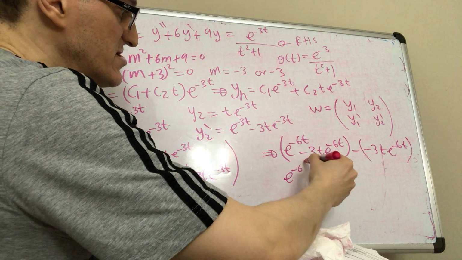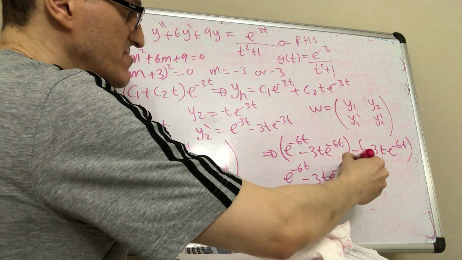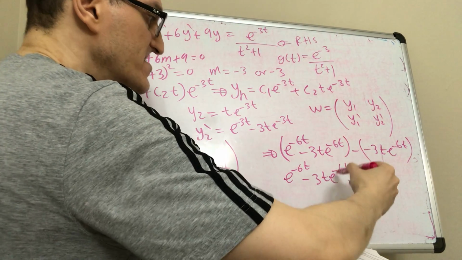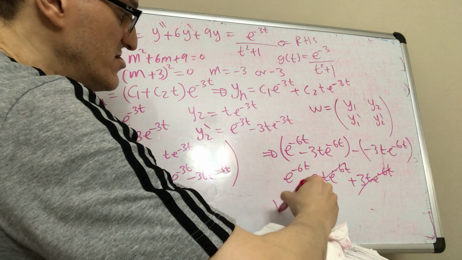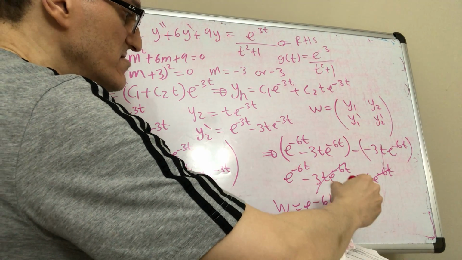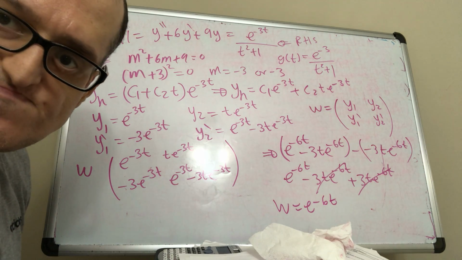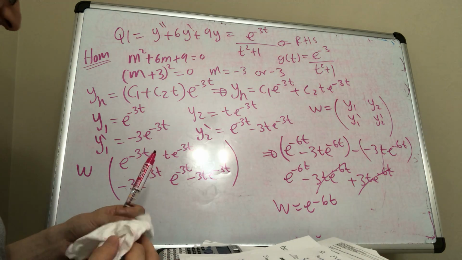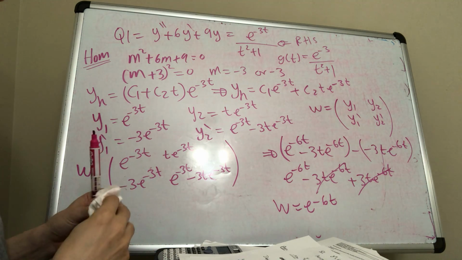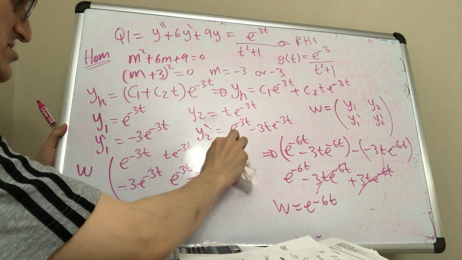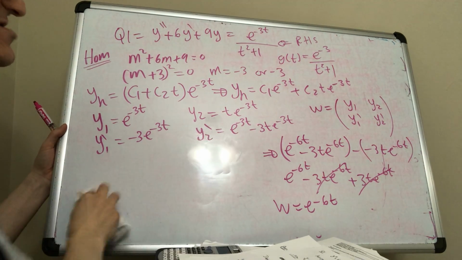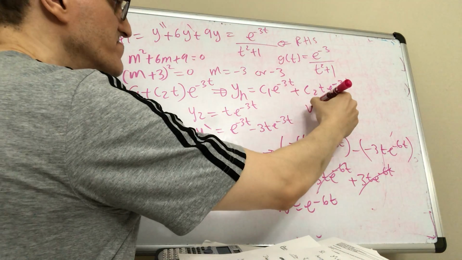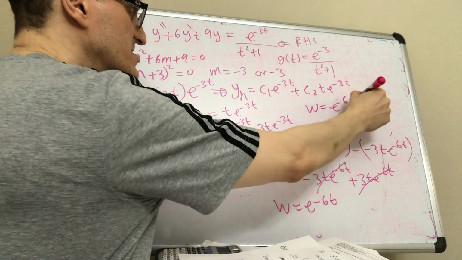So it's e to the minus 6t, 3t e to the minus 6t, plus 3t e to the negative 6t. These two cancel. Then your W is e to the minus 6t, basically. Okay, so we found W. I'm going to add it to the collection of my variables here. So my W is e to the negative 6t.